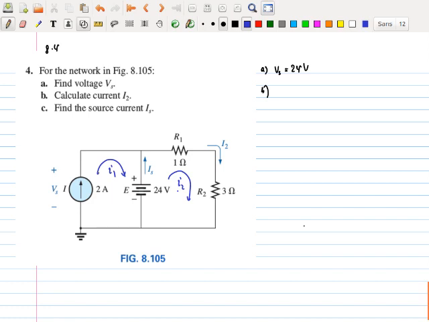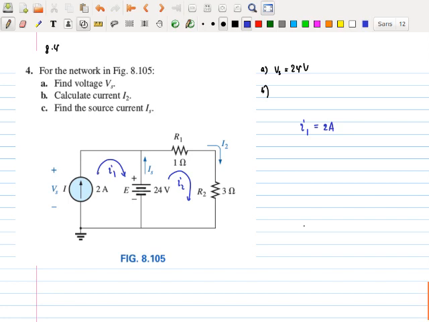If the loop current is I1, I know I1 is 2 amperes. It can't be anything else, because we just told you the rule. Now we don't have to apply Kirchhoff's law. Isn't that easy? So I1 is 2 amperes. We don't need two equations, no Cramer's rule, nothing.